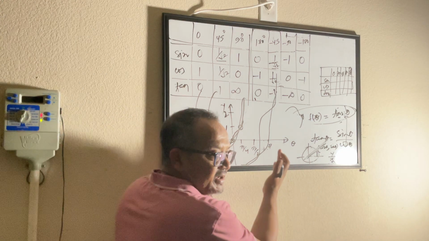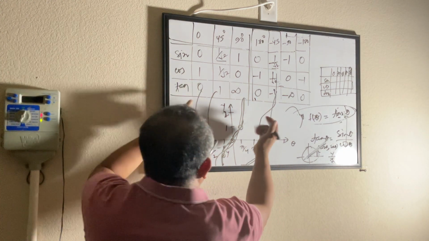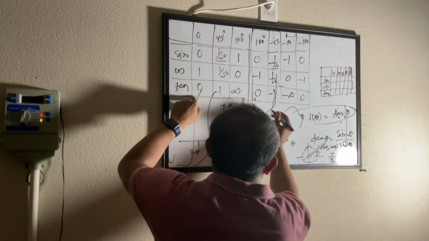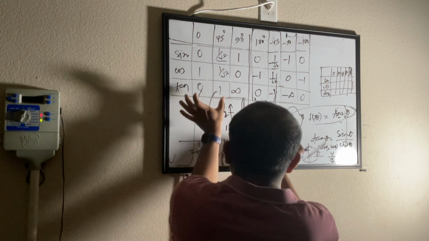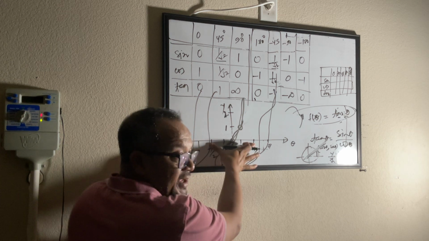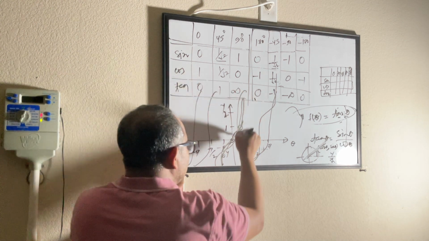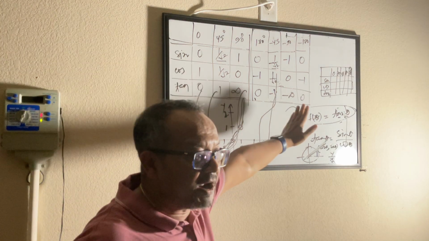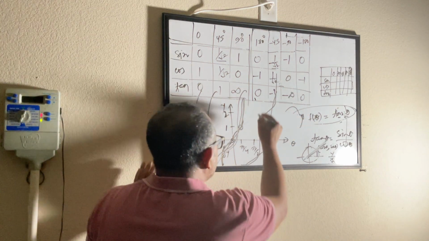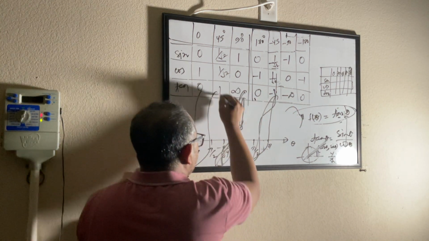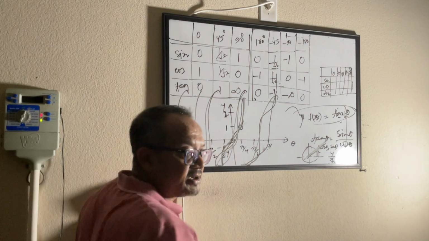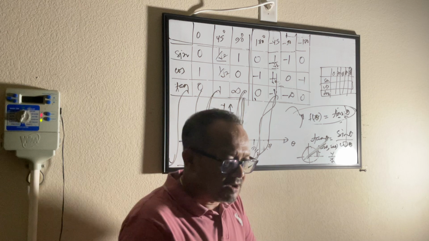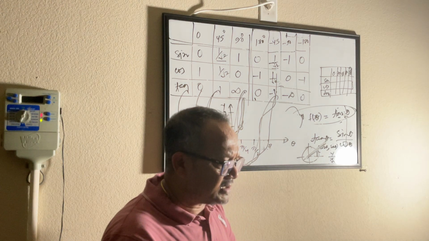For every pi, between here to here, it makes this curve and then shifts. If you plot it for 2 pi, 4 pi, 6 pi, you will see that this whole curve keeps on repeating actually.